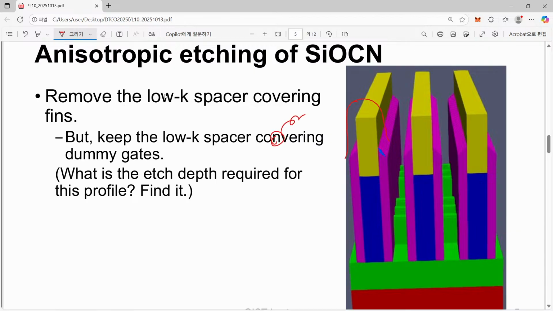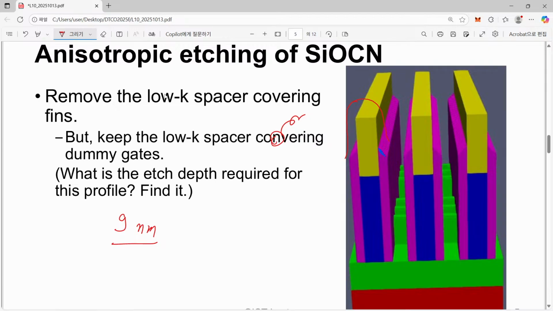Okay, so therefore your etch depth should not be exactly 9 nanometer. In order to get this kind of complete exposure of our fin, we need a slightly thicker etch depth.